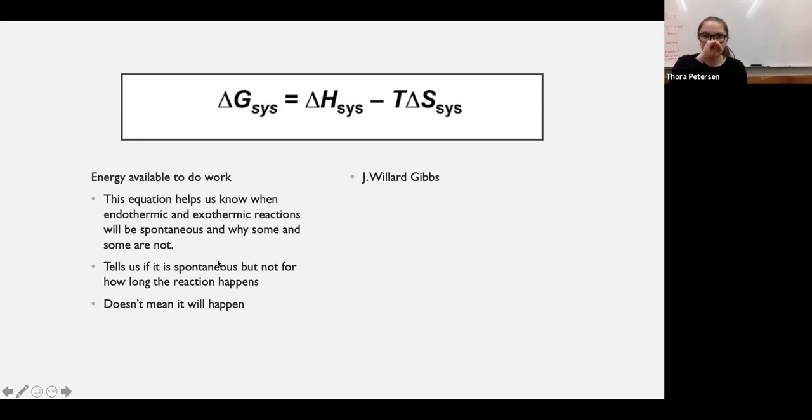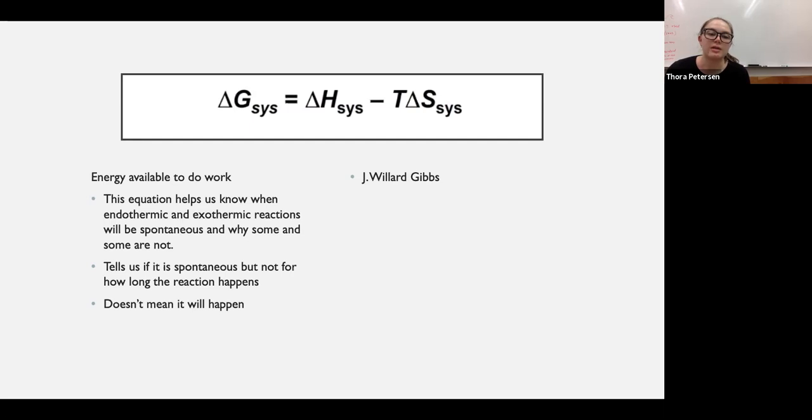Okay, so this is the equation itself. It was found by J. Willard Gibbs, and I believe he was one of the first people to get his PhD at an American university. Gibbs free energy is the energy available to do work. This equation helps us know when endothermic and exothermic reactions will be spontaneous and why some are and some aren't.